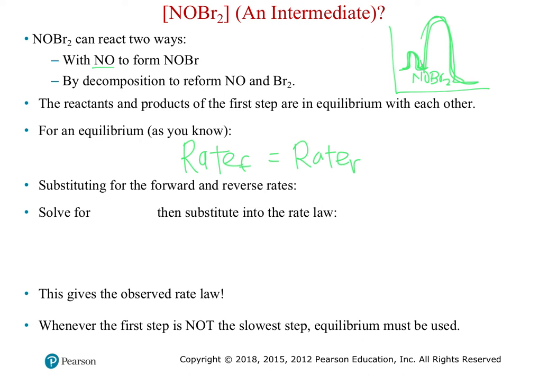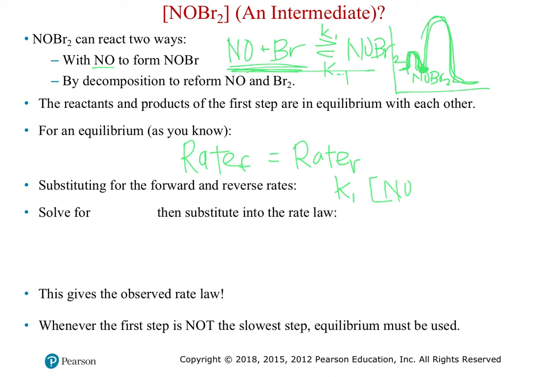If we look at this reaction, I'm just going to write that first step again. The first step is nitrogen monoxide plus bromine, make our intermediate. Since this is a fast step and we get a big population of the intermediate, now it can go backwards. So we're going to have the forward rate, which is going to be equal to K1, where K1 is the forward and K negative 1 is the reverse reaction, times our nitrogen monoxide and bromine.